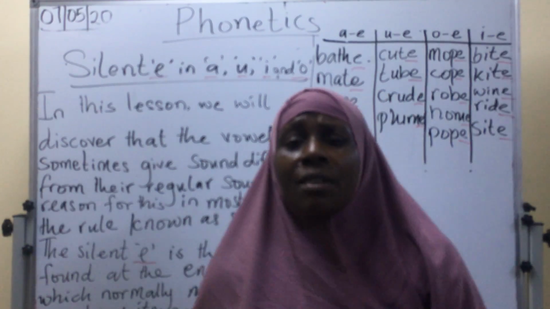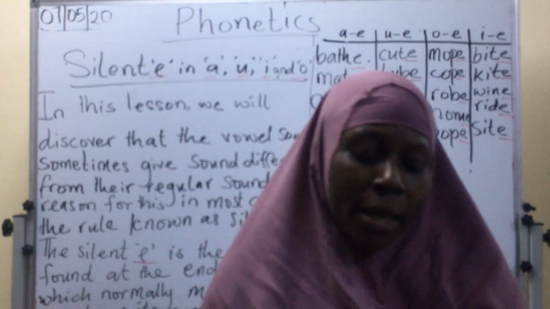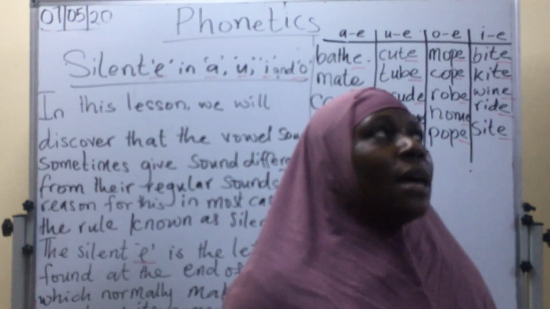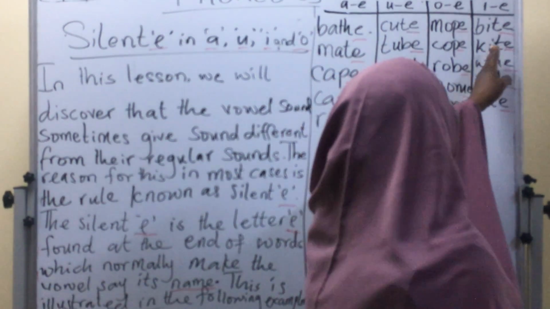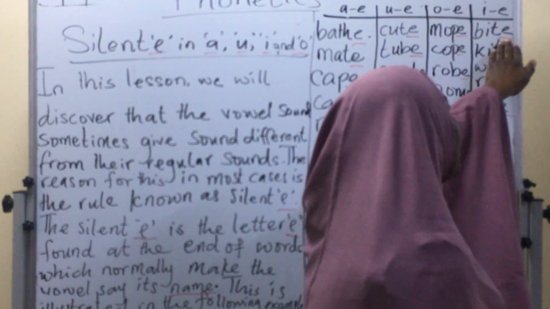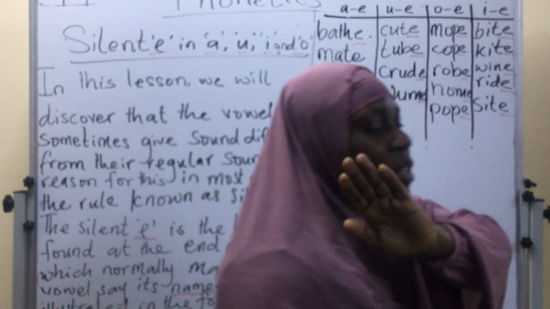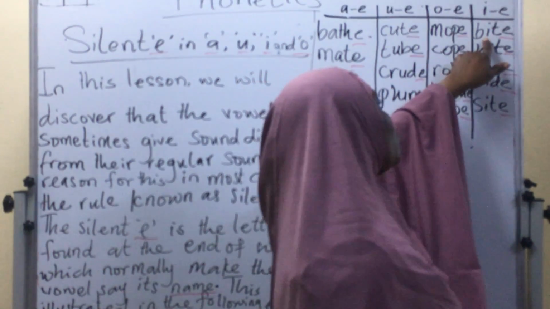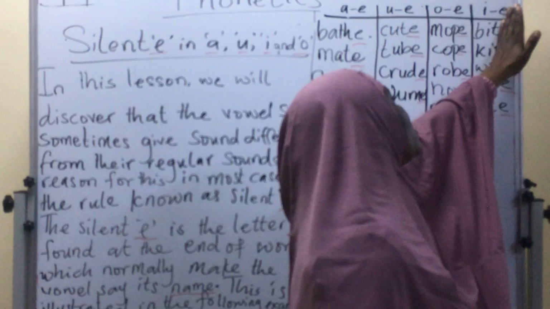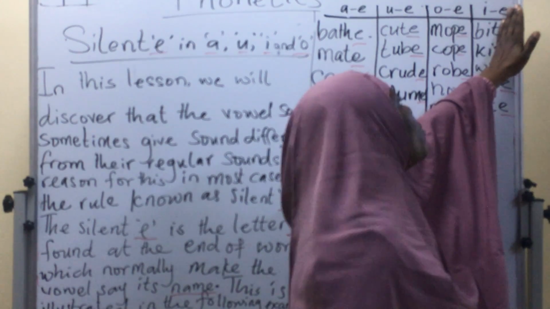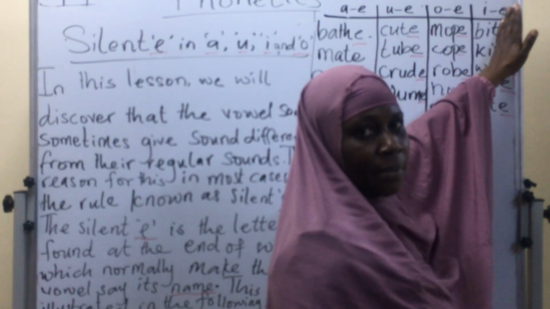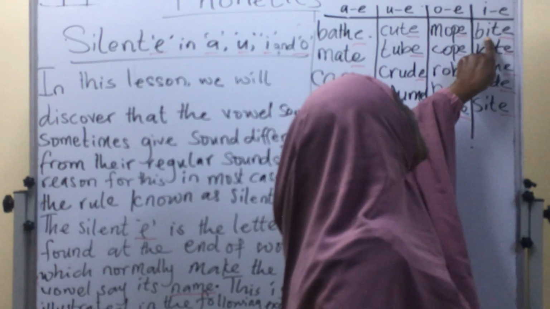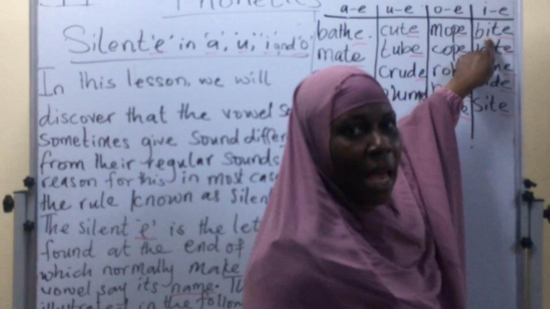This is the last one, as we have done in our previous classes. Silent E as it affects I. Again, the letter I sounds like I as in bit, and the letter I, when it says its name as a result of silent E, is going to give us its name. Like this word. If you have this one, without the E, we are going to have bit. Bit. But if you put the E, this will change to the name, not the sound.